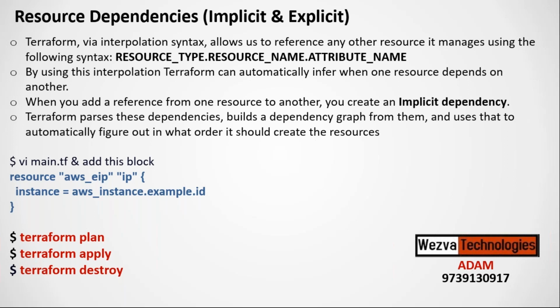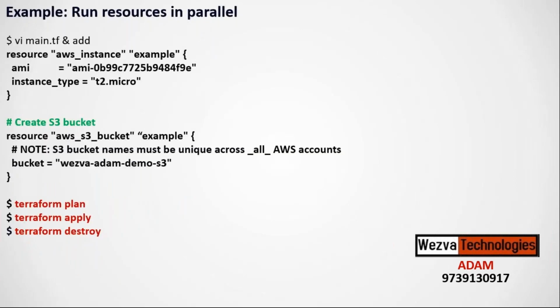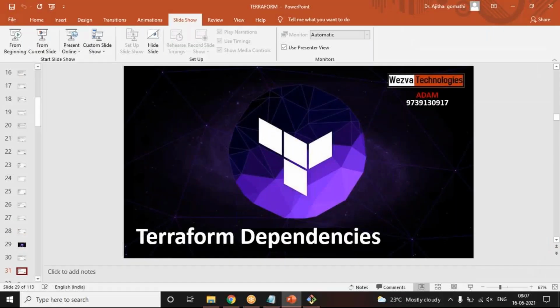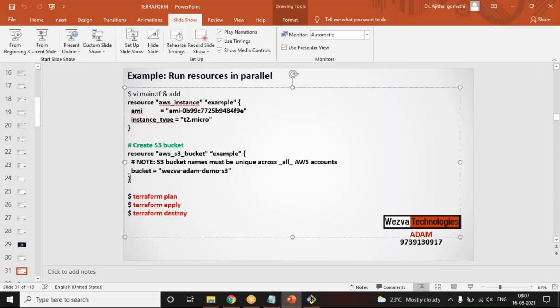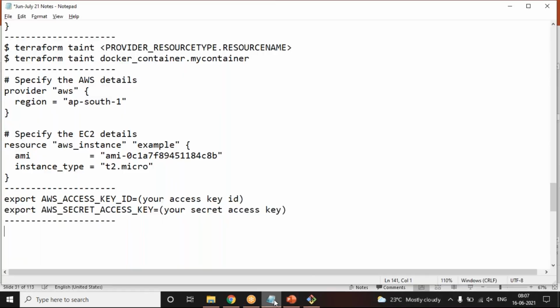If I want to create a machine and an S3 bucket together, what will happen? By default, if there is no dependency, Terraform will go ahead and create both the resources in parallel. That is also how you can save some time. To understand this, let's use that.